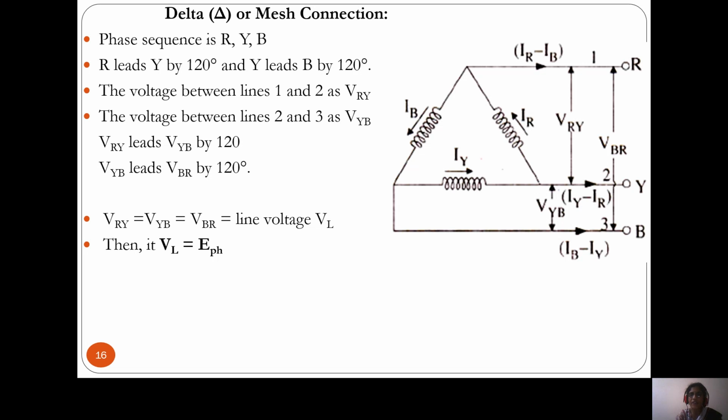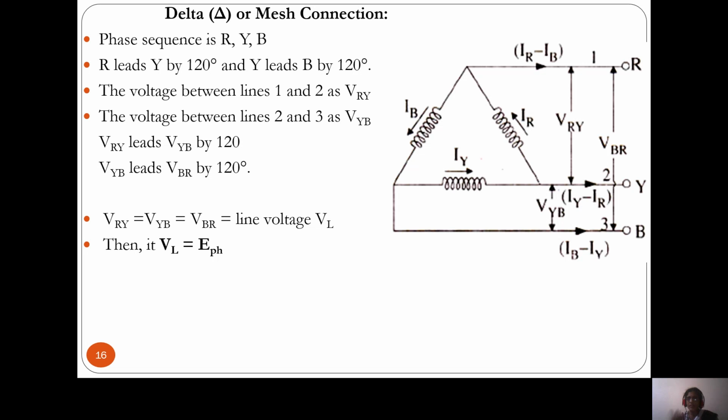So VRY leads VYB by 120 degrees, and VYB leads VBR by 120 degrees. VRY equals VYB equals VBR, which is equal to the line voltage.